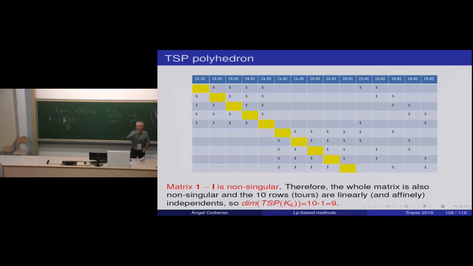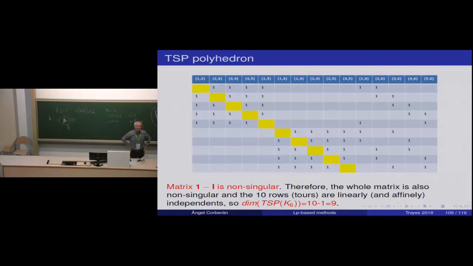Okay, but this linearly independent means affinely independent or not? Is our polyhedron, the TSP polyhedron, on a hyperplane that passes through the origin or not? Does our polyhedron belong to a hyperplane?